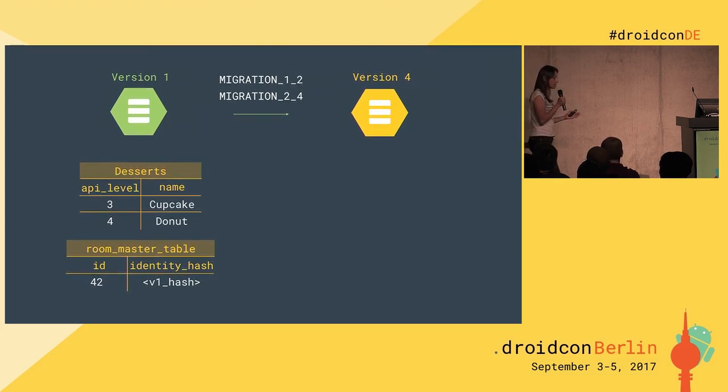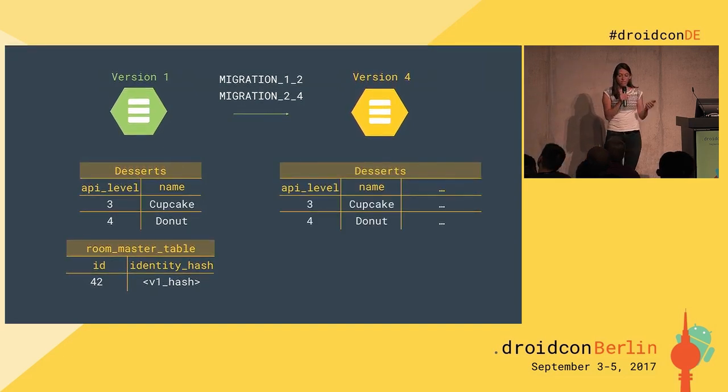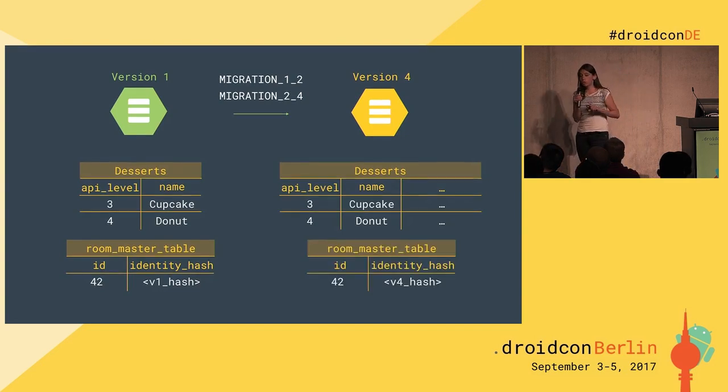It means that when you're doing that first query, it doesn't need to go through all of these steps of migrations, of maybe copying data from one table to another, or whatever you did through all of these migrations, but rather it can take the shortest path. And when it does this, it will change the schema of your database, but it will also update that version hash in the Room master table.